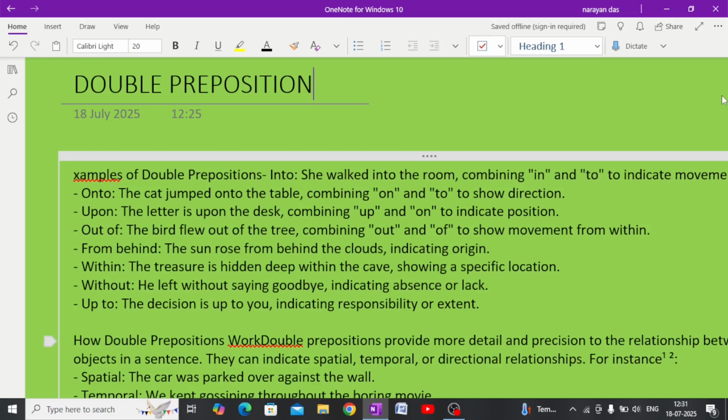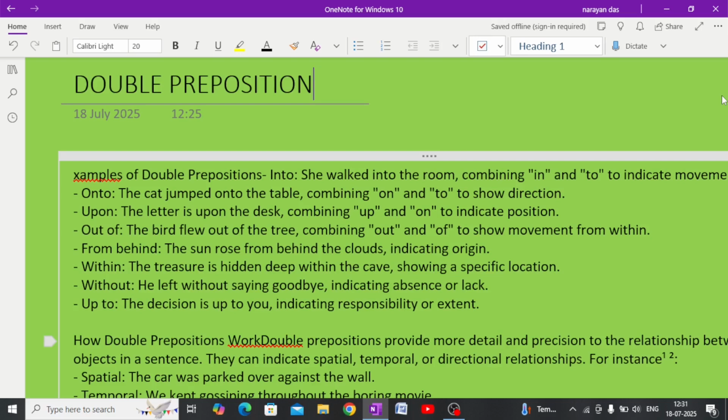For example, first one, into. In is a simple preposition and to is another simple preposition. They are put together and made one double preposition, into. And it is surprising to note that into retains both the meaning of in and to.